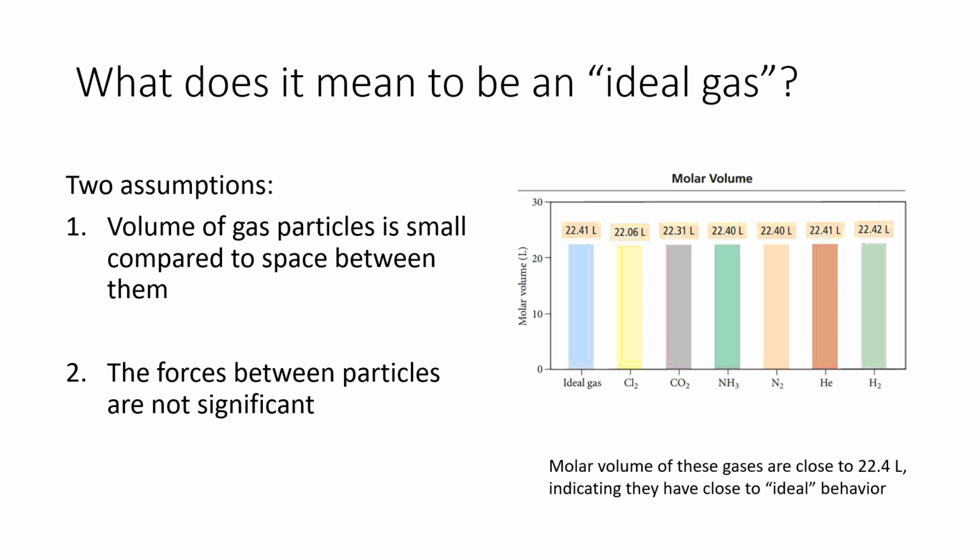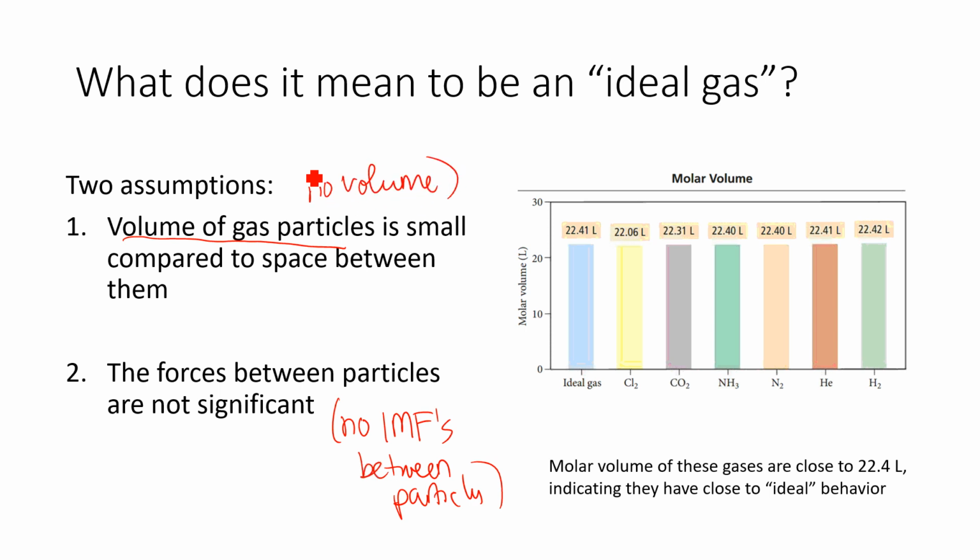Two of those main assumptions are that the volume of the gas particles themselves is small compared to the space between the particles, and that the forces between the particles are not significant. So basically, there are essentially no intermolecular forces between the particles, and the gas particles have no volume on their own.